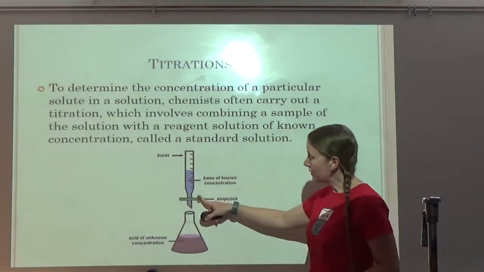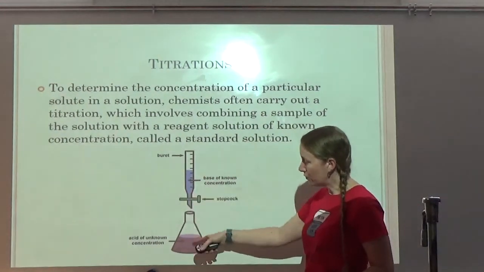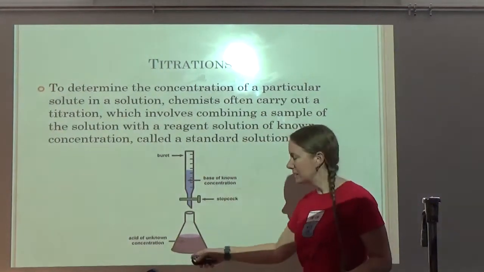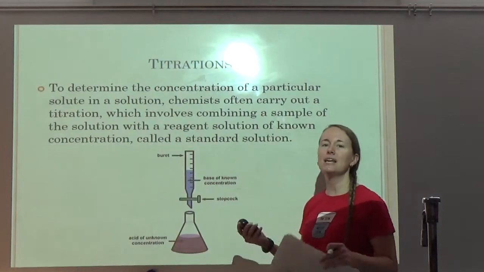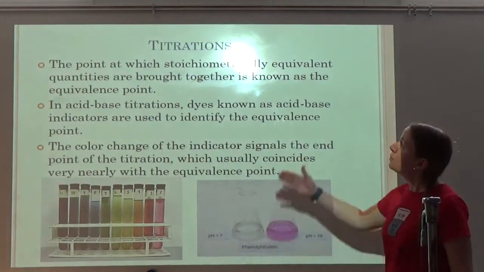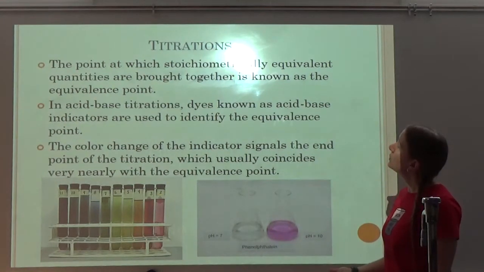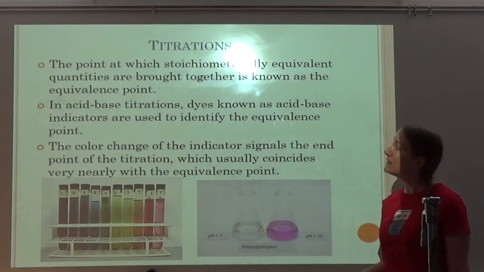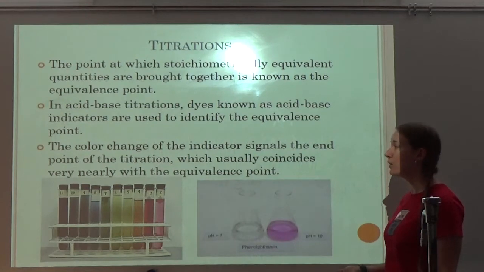And so what we do is add the known until something happens, be it a precipitate, be it a color change because you've added an indicator. The point at which stoichiometrically equivalent quantities are brought together is known as the equivalence point. In acid-base titrations, dyes known as acid-base indicators are used to identify the equivalence point.